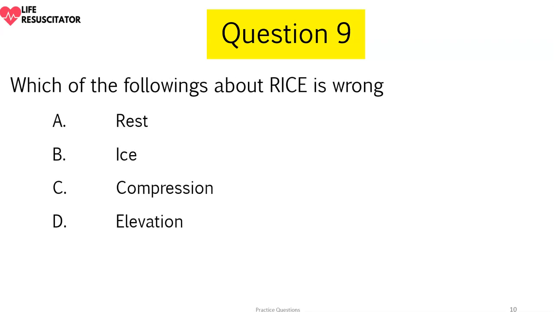Which of the following about RICE is wrong? A, rest. B, ice. C, compression. And D, elevation.